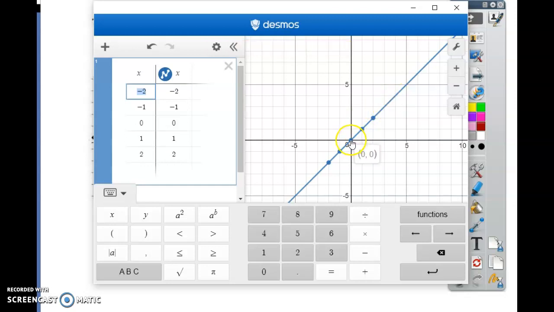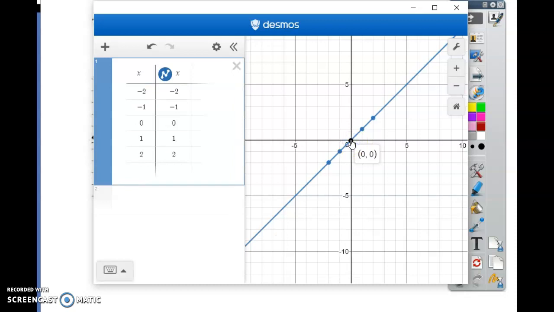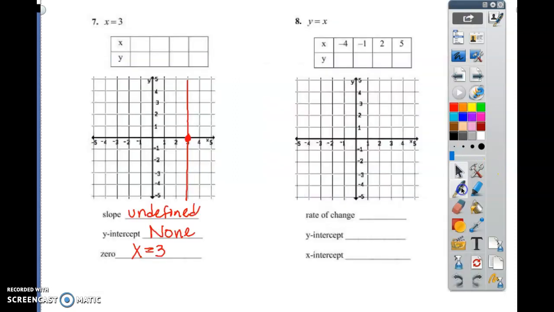So my y-intercept is 0, my x-intercept is 0, and my slope is an invisible 1. 1 over 1. So my rate of change is 1. My y-intercept is at 0, 0, because it crosses right here. And my x-intercept is 0, 0, because it crosses right there on the x-axis and the y-axis.